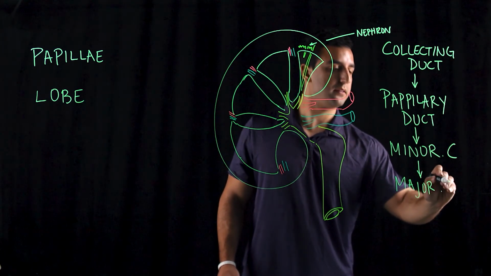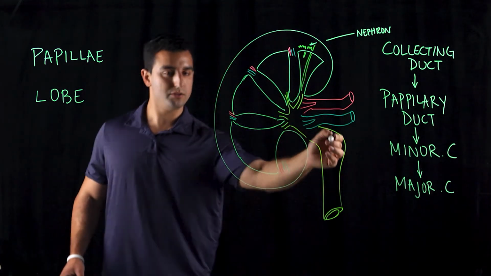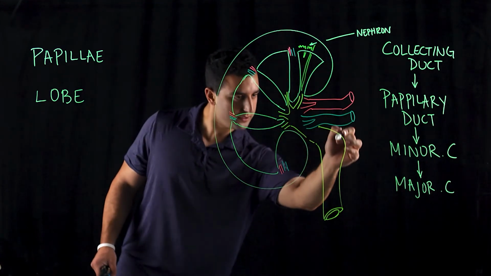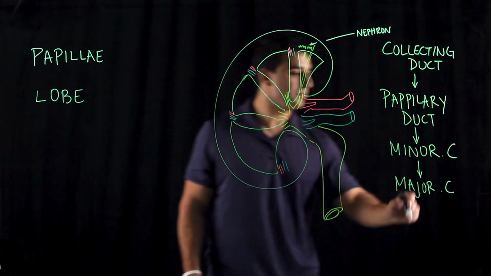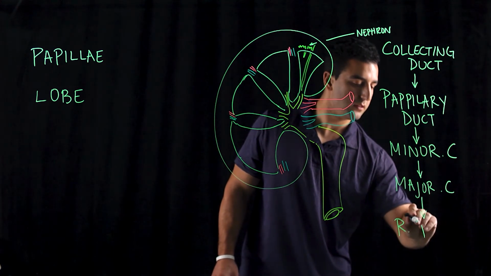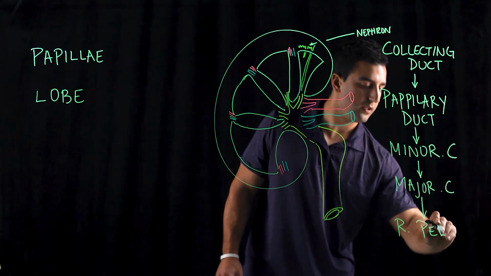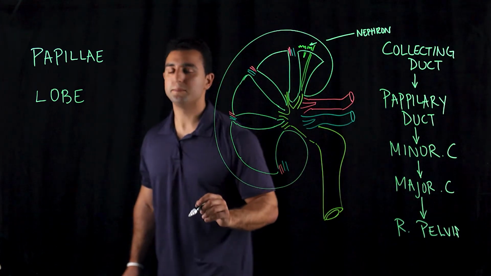And after that, eventually it becomes what? The urine flows all the way down, and eventually we have the renal pelvis. At the renal pelvis, this is where it becomes part of the ureter.